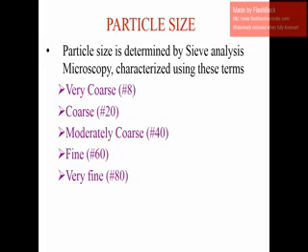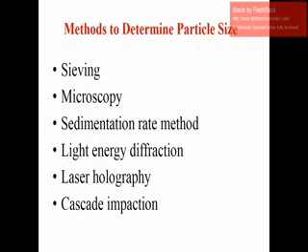These are the categories under which we can categorize your particle size. Suppose you have taken any new drug and you have checked its particle size, then you can put it into any one category depending on its particle size.